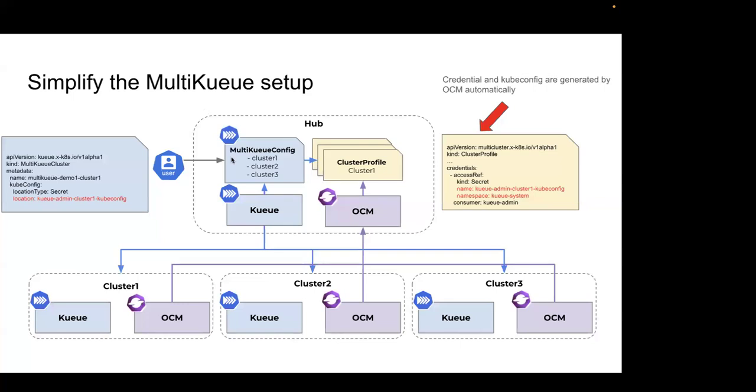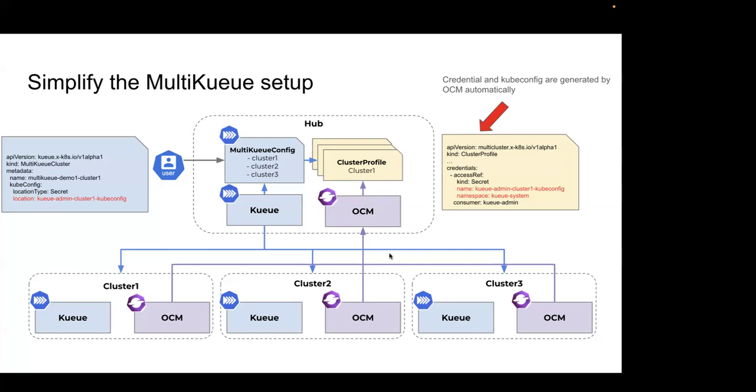In this picture, you can see the blue parts are Kueue and some Kueue configurations, and the purple parts are OCM, which is installed on both the hub and the managed clusters. The ClusterProfile is an API from SIG Multicluster, so I marked it yellow.